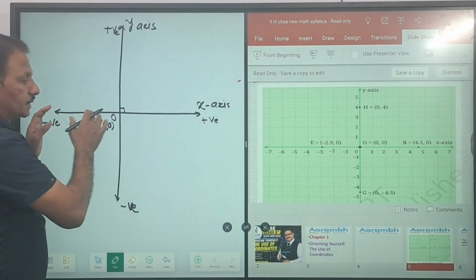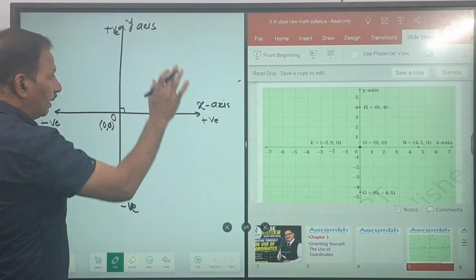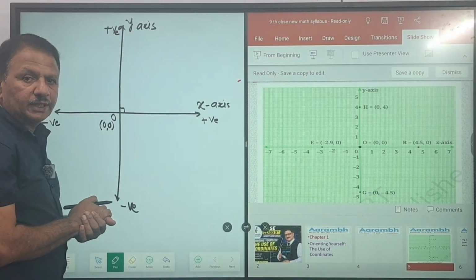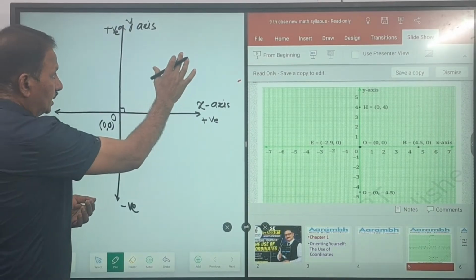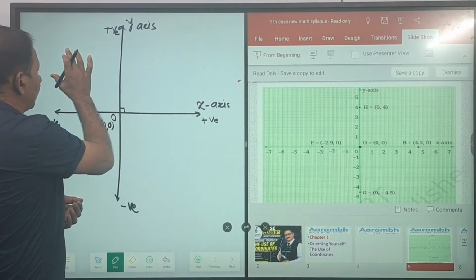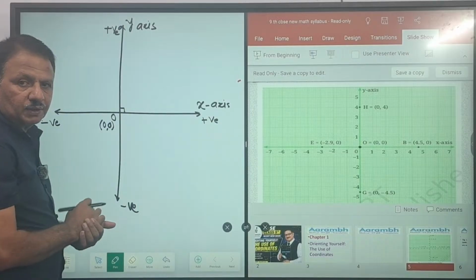Due to the intersection of the x-axis and y-axis, the whole plane is divided into 4 equal parts. This is first part, second part, third part, and this is fourth part.